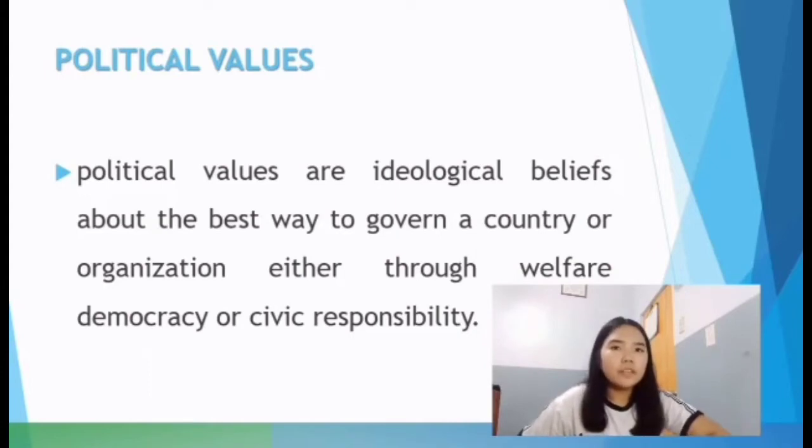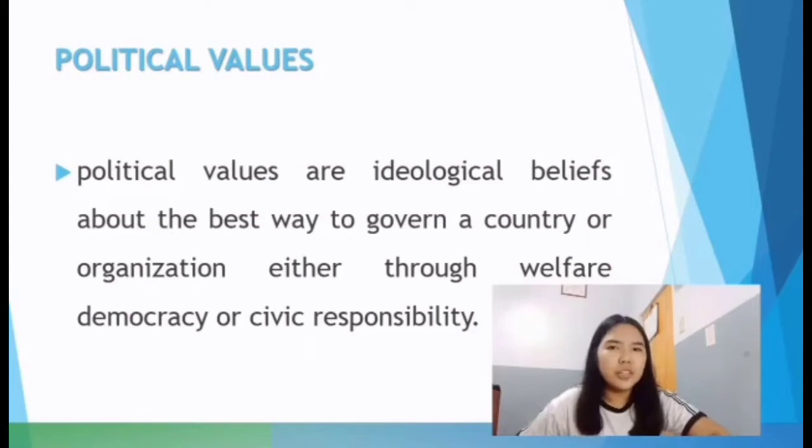So on political values, there are three constituents or aspects of it. First is the cognitive. It is about thinking, reasoning, judging, and problem solving on how a politician or person decides and chooses a solution.